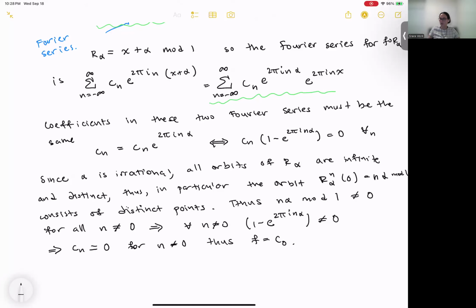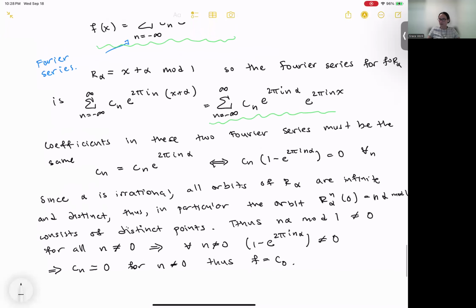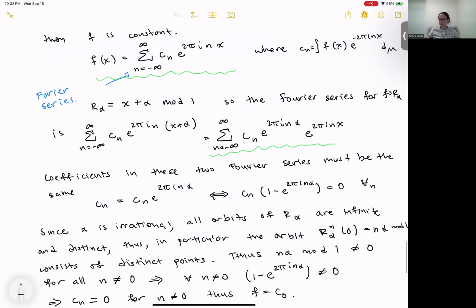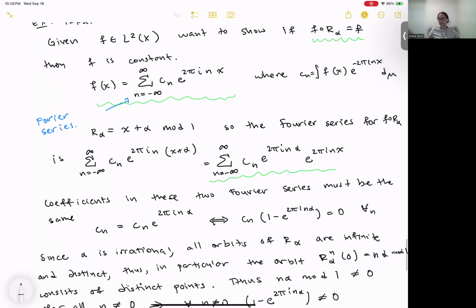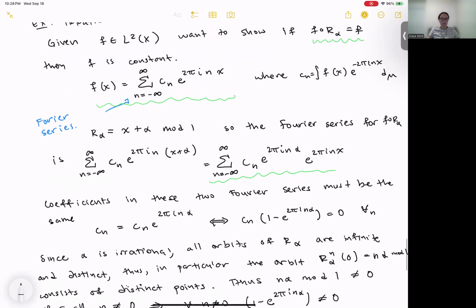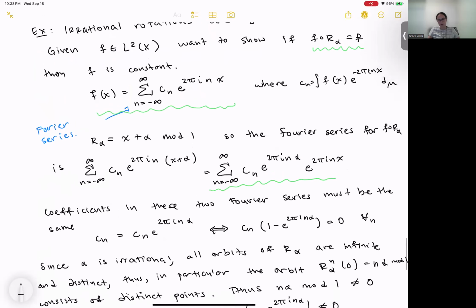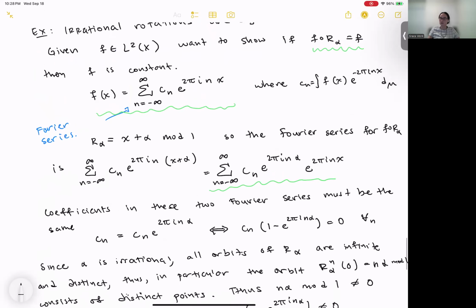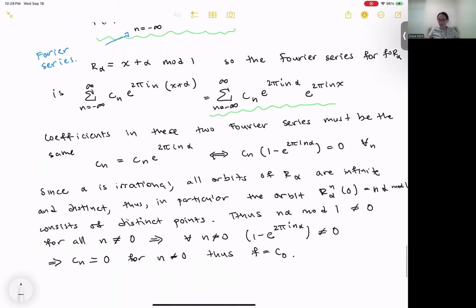Okay, so we have shown that if we have a measurable function, actually in this case a square integrable function, that is invariant under the rotation by an irrational angle, then it is constant. And so by the lemma, irrational rotations of the circle must be ergodic.